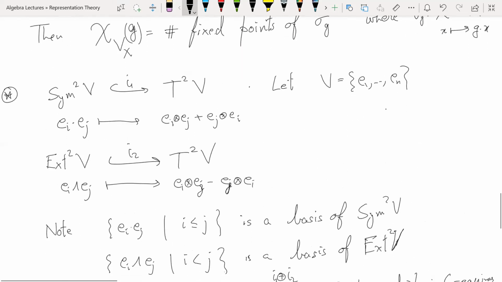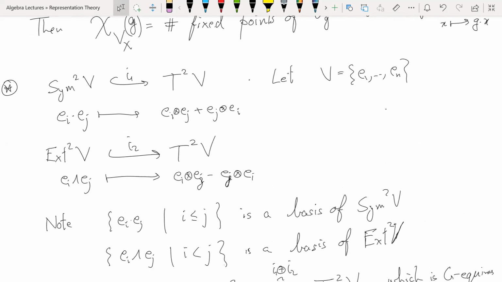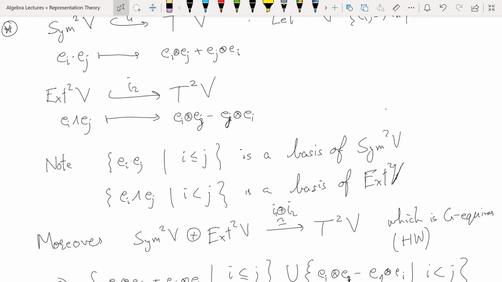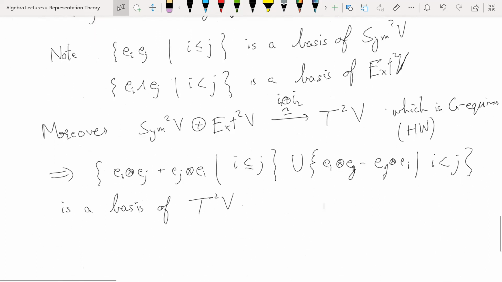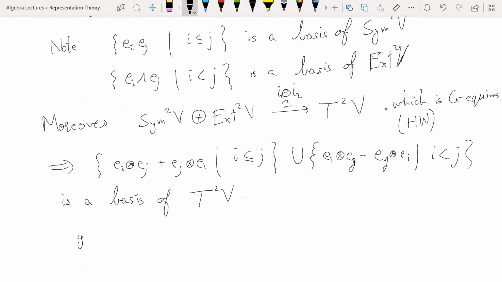So to compute traces, we can use this basis as well. Let's try to understand how the action works on this using this basis. So what is G dot EI tensor EJ plus EJ tensor EI?